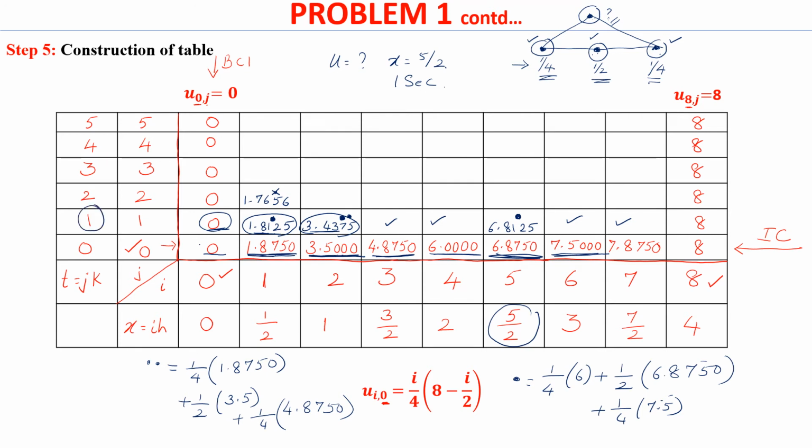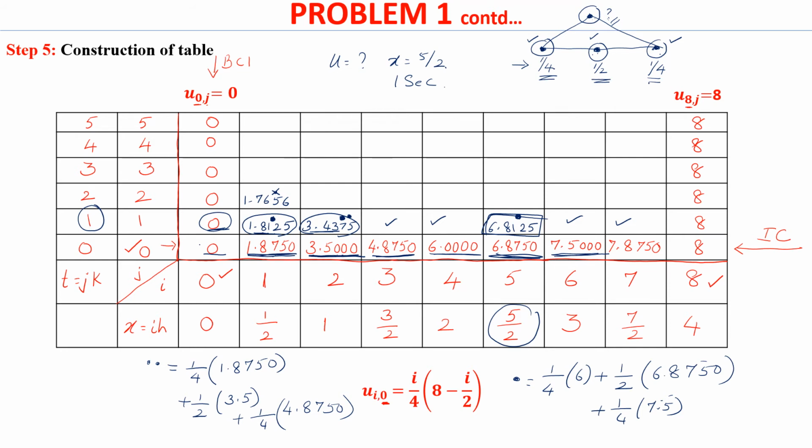Now the value of U at the intersecting point is this. So you will say that the temperature is 6.8125 degrees Celsius. So it is something around 6.9, or it could be rounded off to 7 degrees Celsius. So this is how you judge the answer and this is how you calculate.